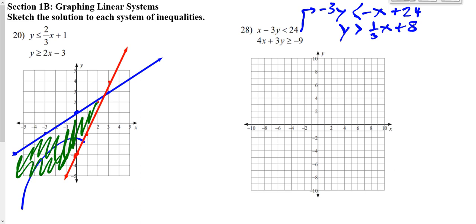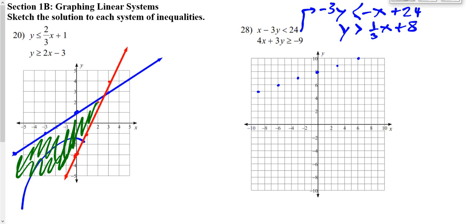So when y is on one side by itself, the number that's added is your y-intercept, and then our slope's what's in front. So up 1 over 3, or down 1, left 3, and then draw in your line.